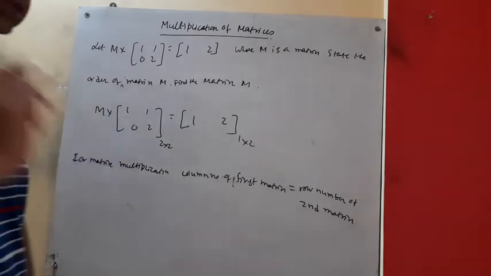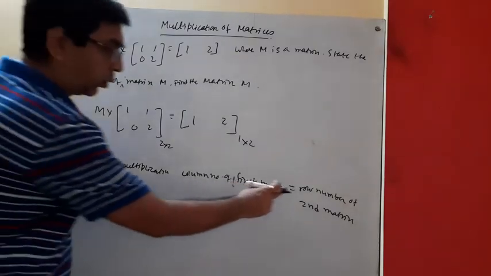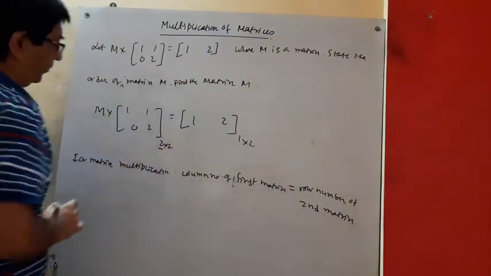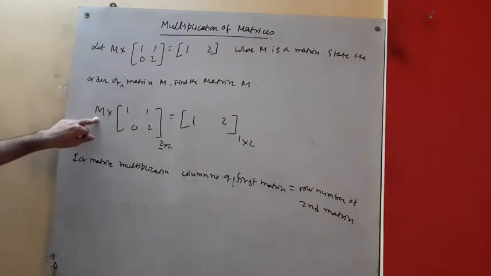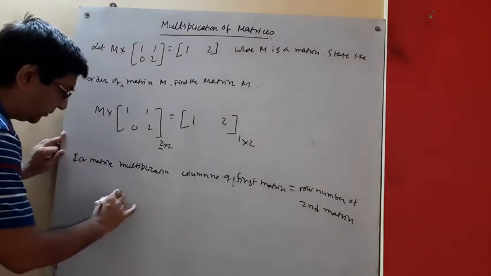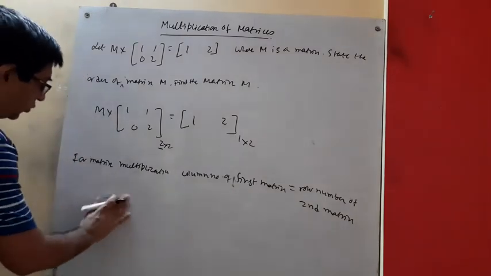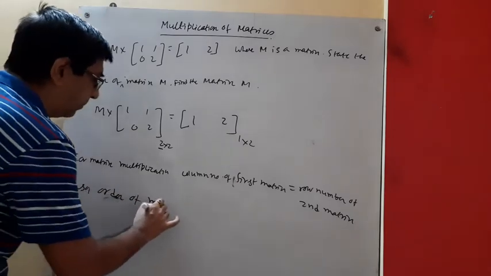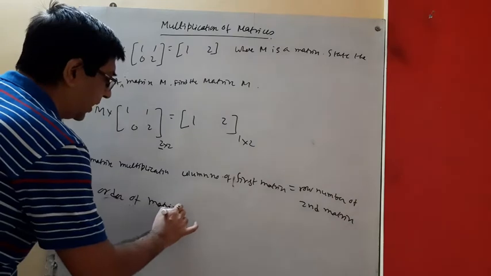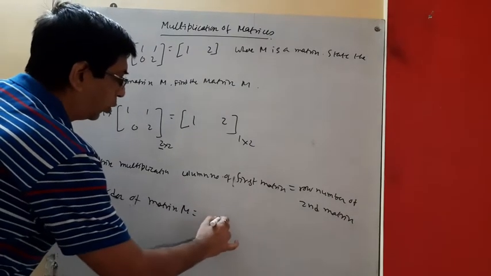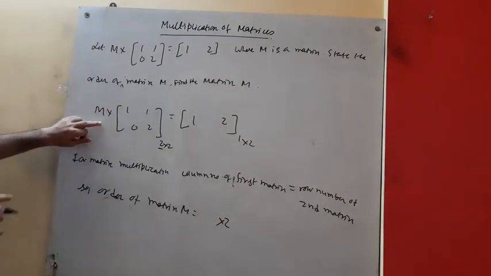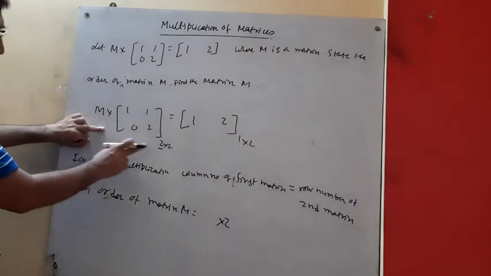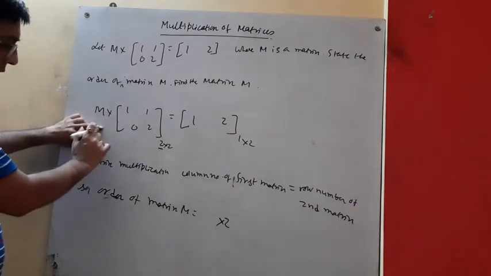This is the condition. Look here, the row number of the second matrix is 2. So the column number of the first matrix should be 2, right? So the order of matrix M has column number 2. Its column number and the row number would be same. So column number should be 2.